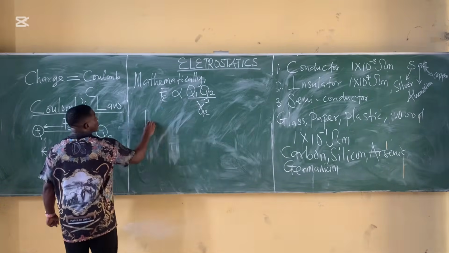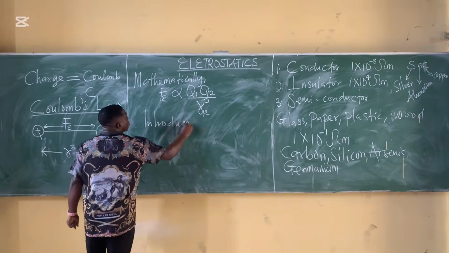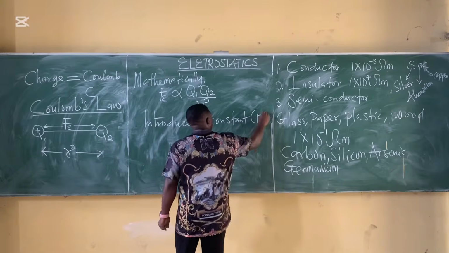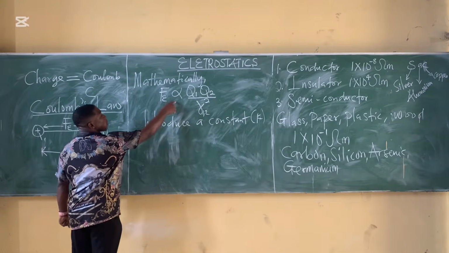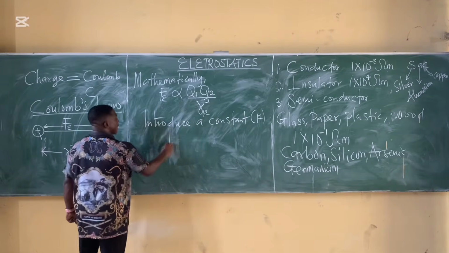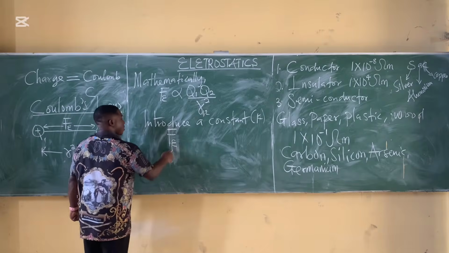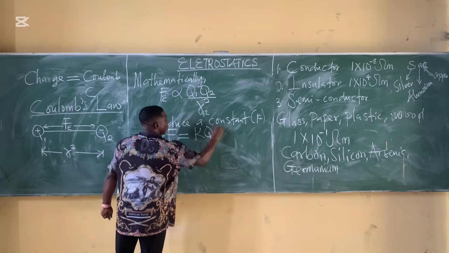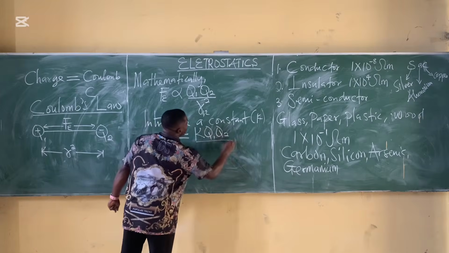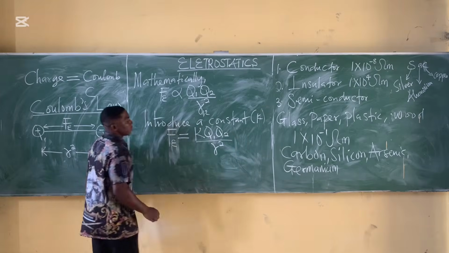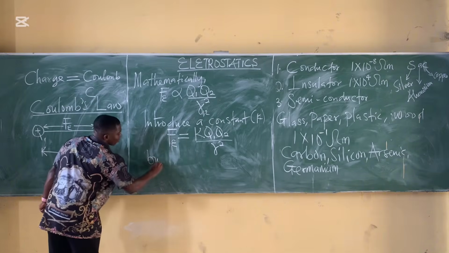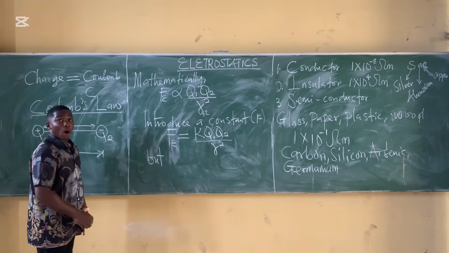So if I introduce a constant K, it changes this proportionality sign to what? Equality sign. So it means that electric force is equal to what? K Q1 Q2 over R squared. Are we following? Yes. But please know we're not done.